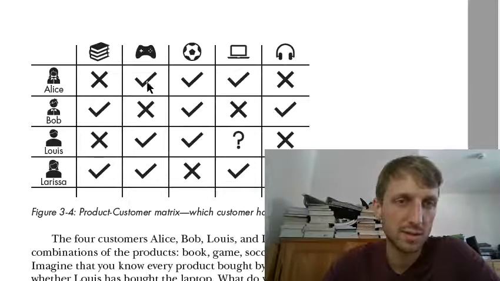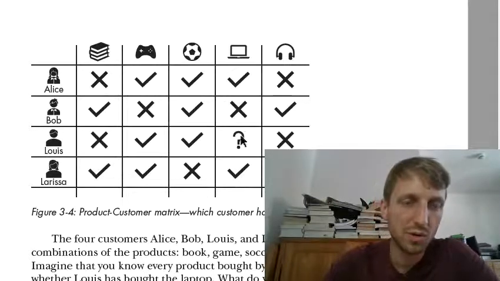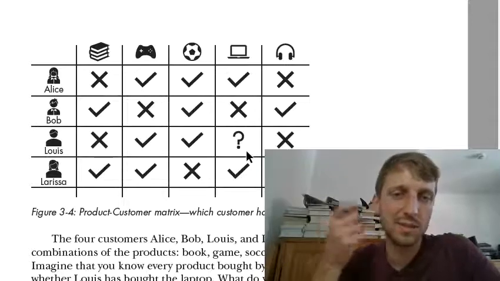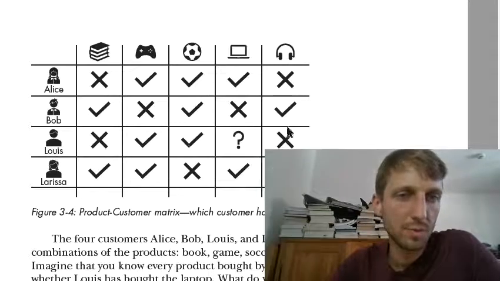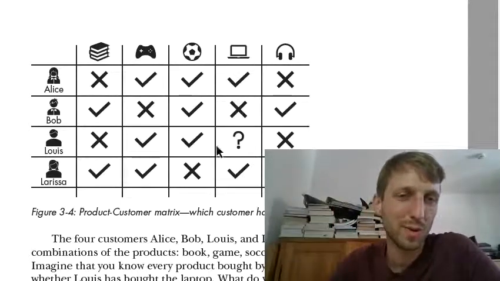Okay, so we have customers, some customers bought some products, and now you can take an educated guess whether Louis will buy a notebook or not. So what do you say? Will Louis buy the notebook based on all the data you have?